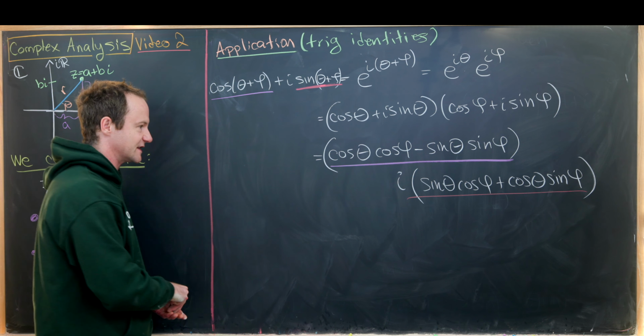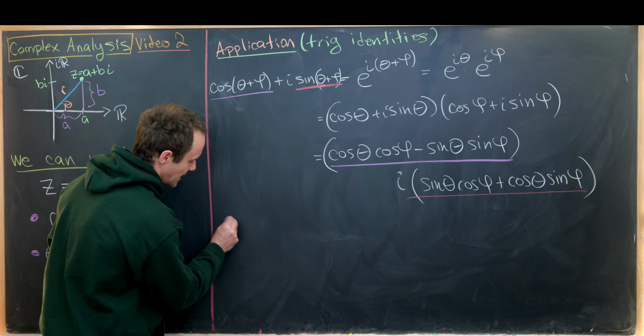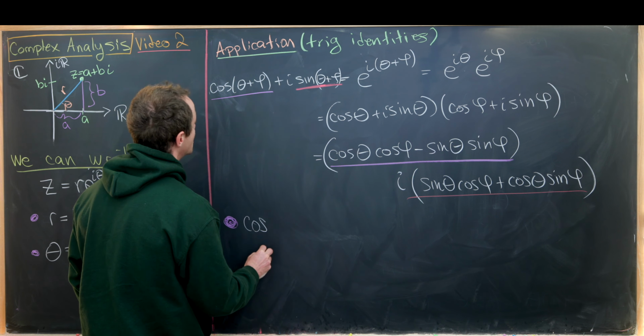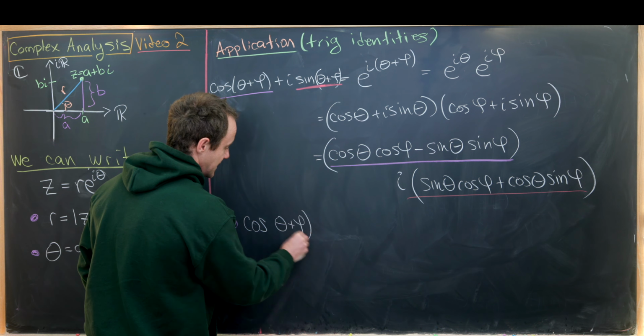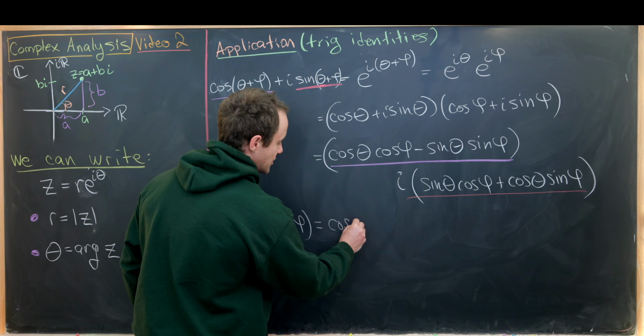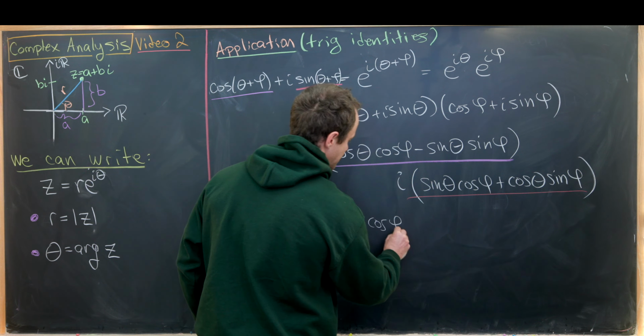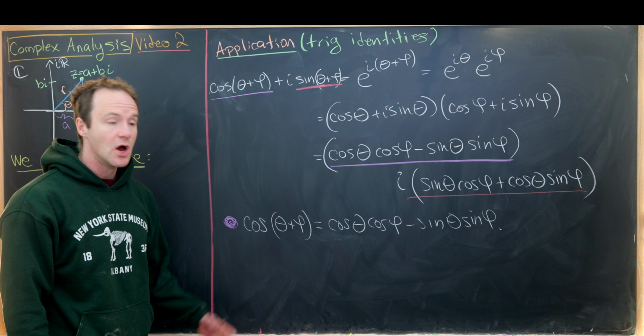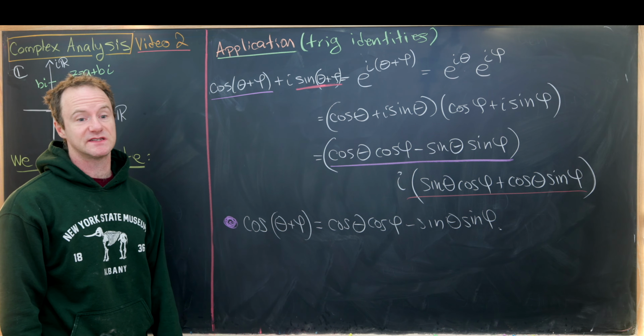So just maybe writing this purple one down, you can also write the red one down. We have derived the following identity: cos theta plus phi is equal to cos theta cos phi minus sine theta sine phi. Okay, so let's do one more example that's similar to this.